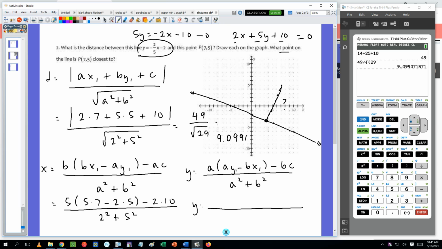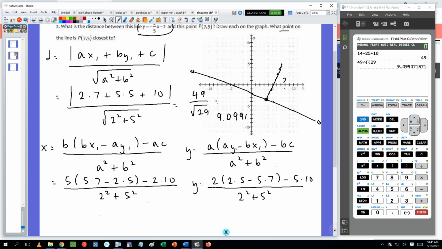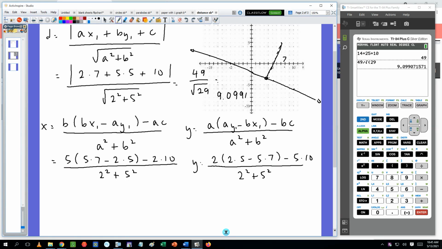So y will be 2 times 5 minus 5 times 7 minus 5 times 10 over, 5 for the C's, 35, take away 10, take away 20, 105 over 29.